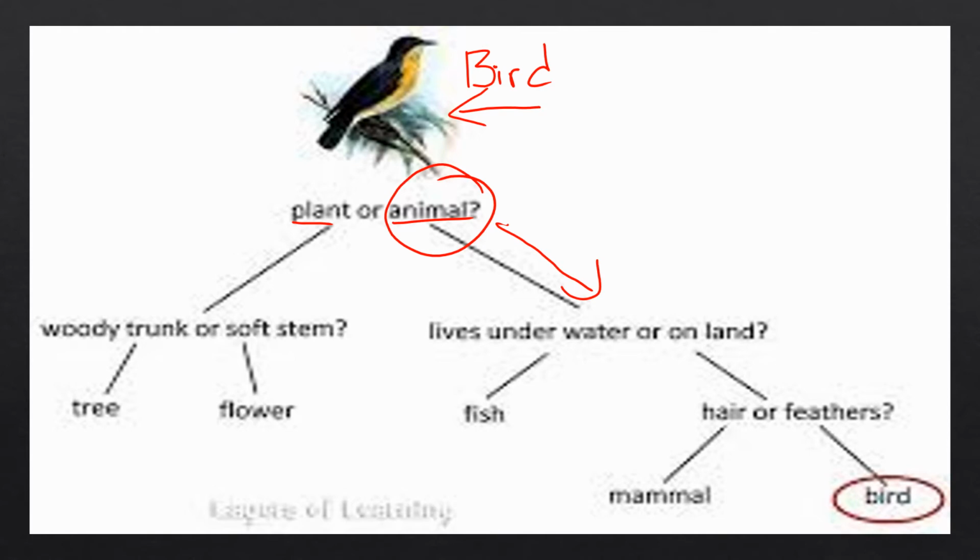Well, it lives on land. It doesn't live underwater. So we're going to keep following the path. Does it have hair or feathers? It has feathers. It's a bird. And we could keep going until we have what type of bird it is. And so these are very simple to do. It's pretty much just two opposite choices that you are given, and you follow the path.